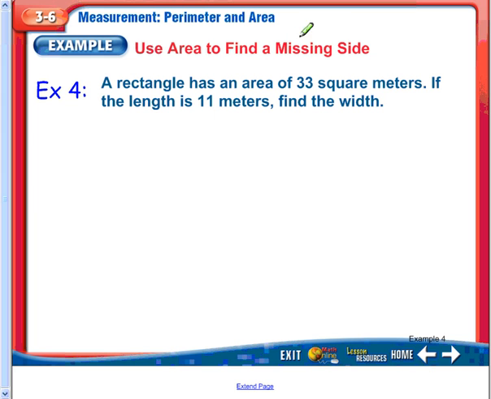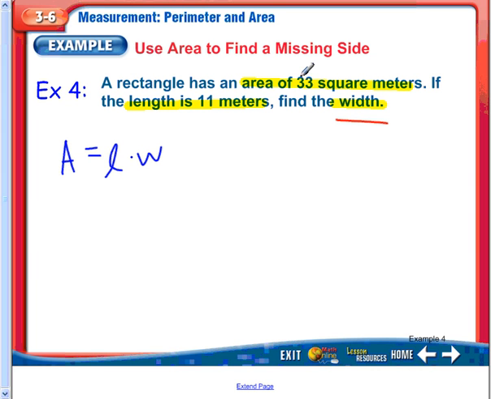Example 4. A rectangle has an area of 33 square meters. If the length is 11 meters, we want to be able to find the width. Since we're talking about area, we need to use the formula for area.